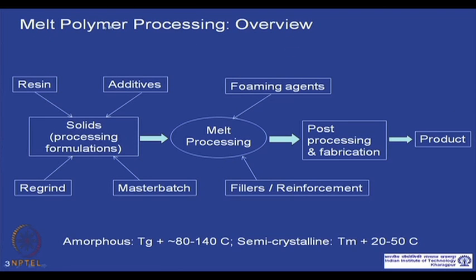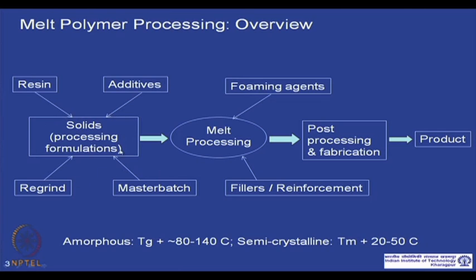As an overview of melt processing techniques, there is a formulation where the solid polymer is added, along with additives if you need them, and invariably, rarely is 100% polymer used in any formulation. There will invariably be some additives added, and they can be mixed well, and if there is a color master batch or some other master batch, it can be added here.